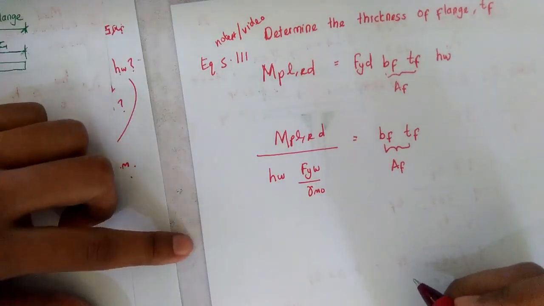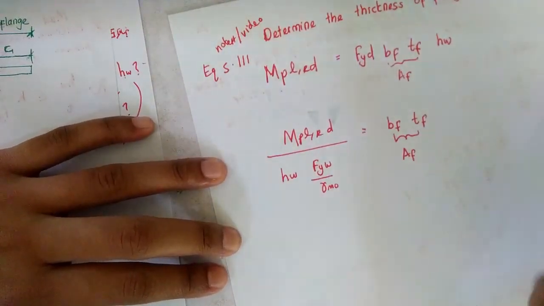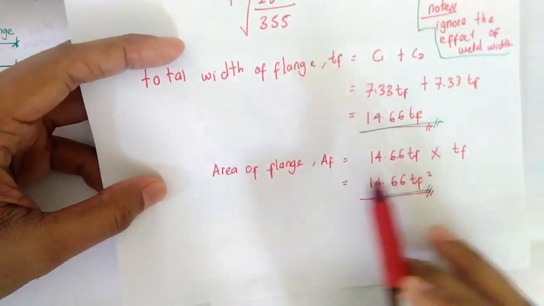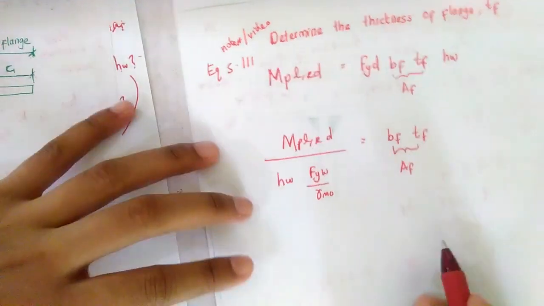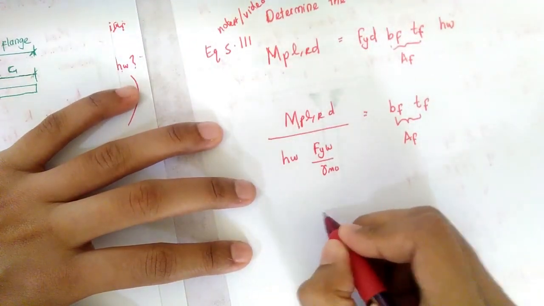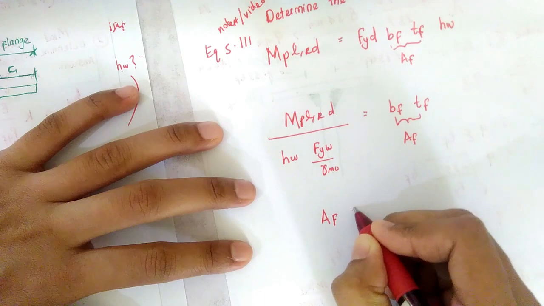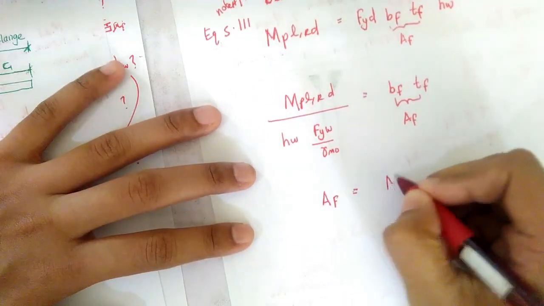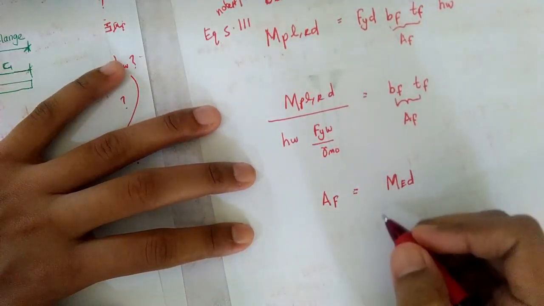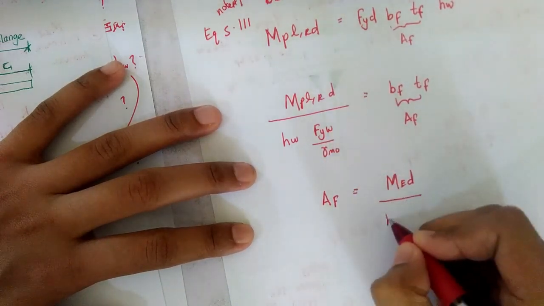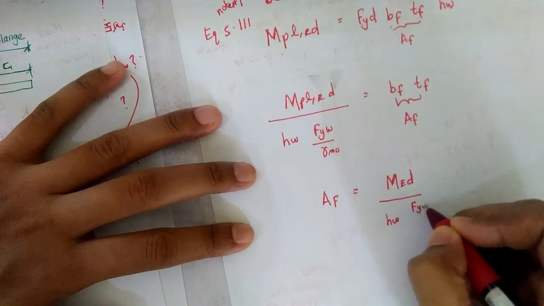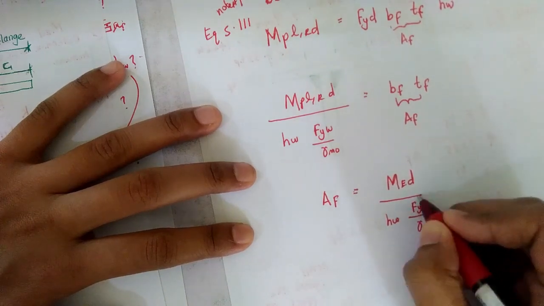From that equation, we know that earlier we already calculated the area of flange is equivalent to 14.66 TF squared. So the area of flange is equivalent to MED, because that is the MPLRD, MED over HW FYW over the aspect ratio.